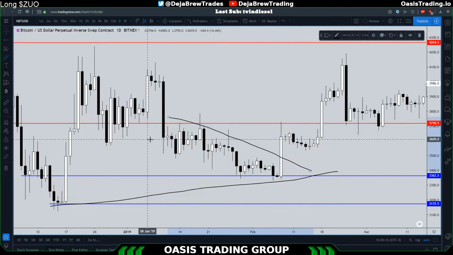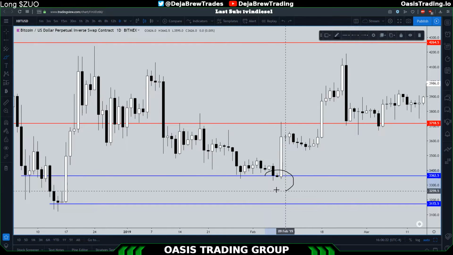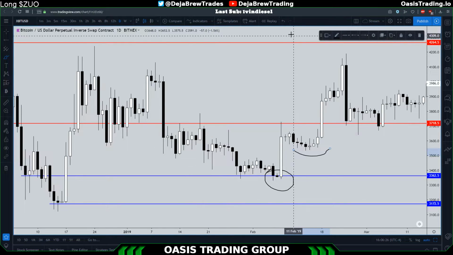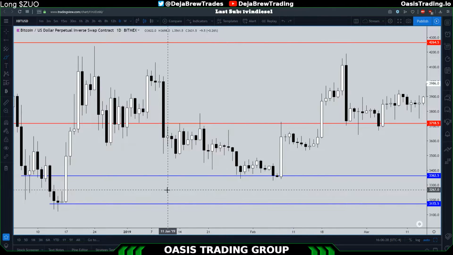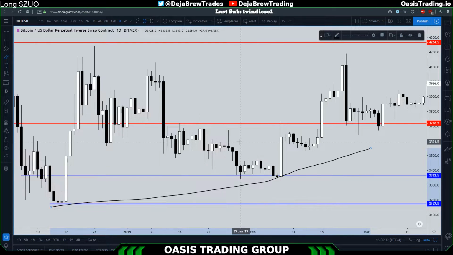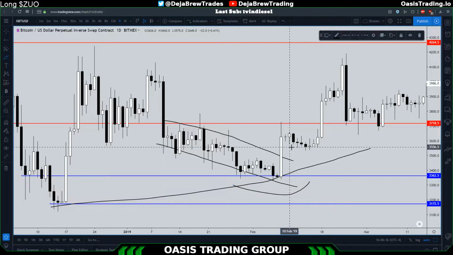Your local trend is placing a lower low. But then look at what happens. We bounce off that support and we put in a higher low for your local trend. So now not only does your overall trend have a higher low, your local trend also has a higher low.